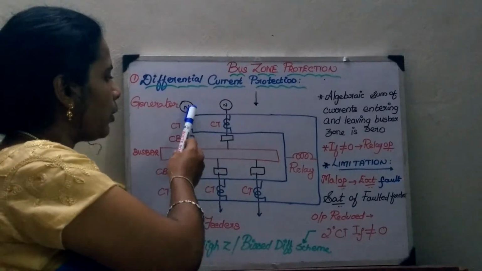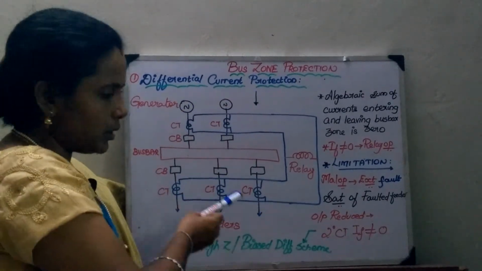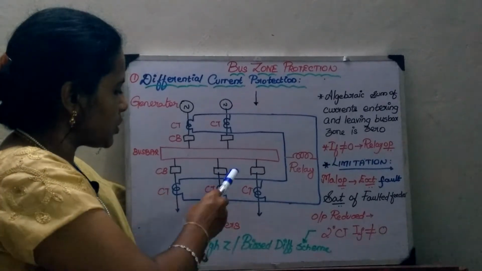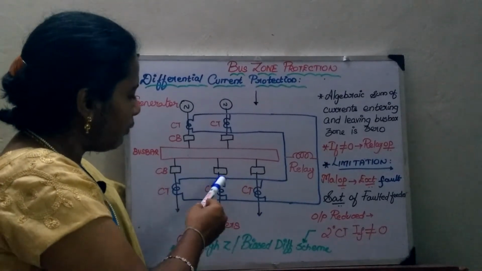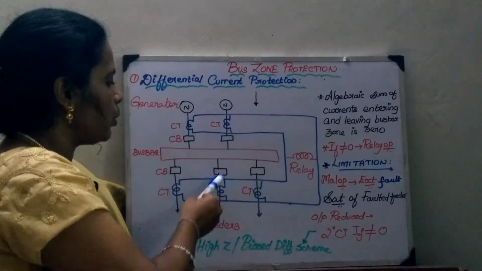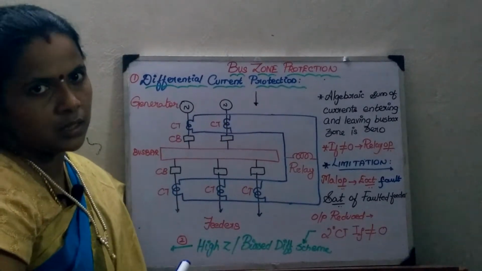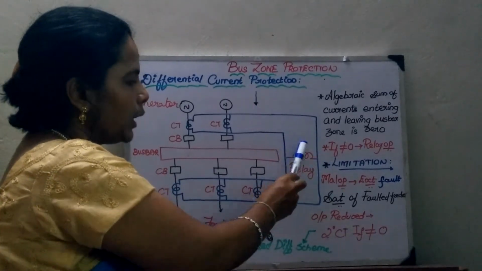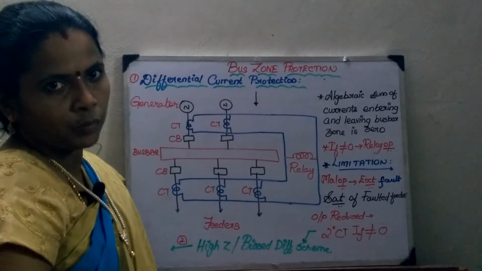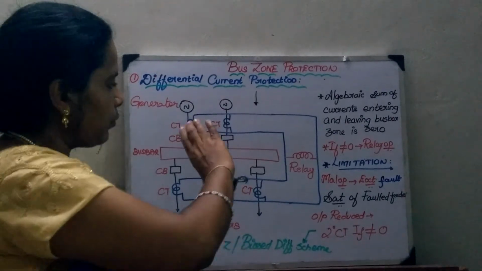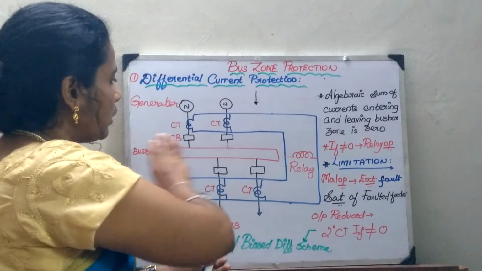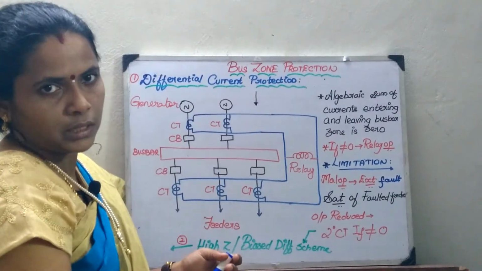As I told you, the number of generators need not be equal to the number of feeders. Draw as many feeders as the application requires, and at every end of the feeders and generators, draw the CTs. The CTs have to be connected to the operating coil of the relay. This is just the differential scheme we have seen, drawn in portrait form, that's all.